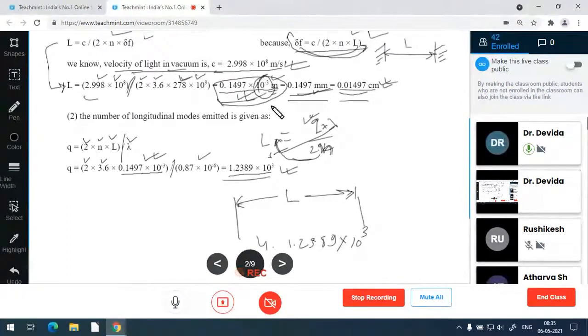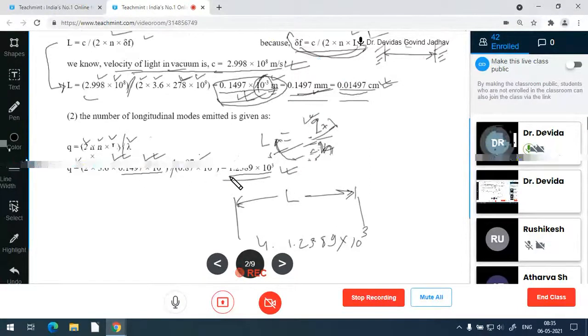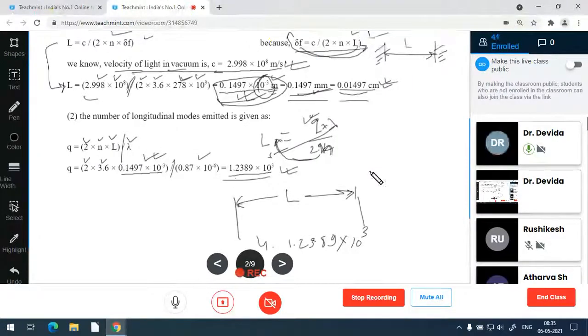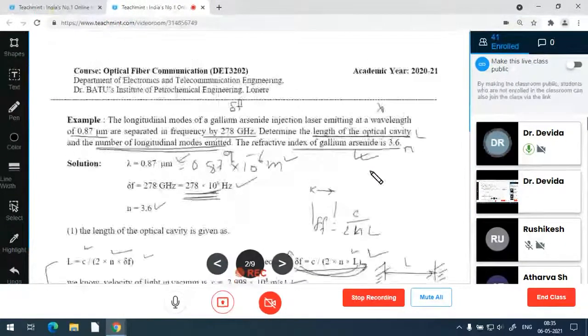All these answers are correct. Q is 1.2389 into 10 raised to 3 modes possible to establish, or this many discrete frequencies are possible to establish.